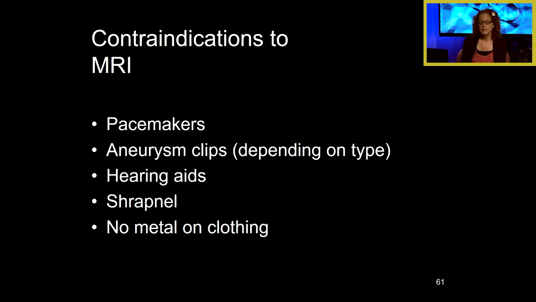It's important to know some contraindications for MRI. If we have any metal in our body: pacemakers, any kind of aneurysm clips, hearing aids, if you've been in war and you have shrapnel in your body, or metal on clothing. We want to make sure that there is no metal going into the MRI machine.